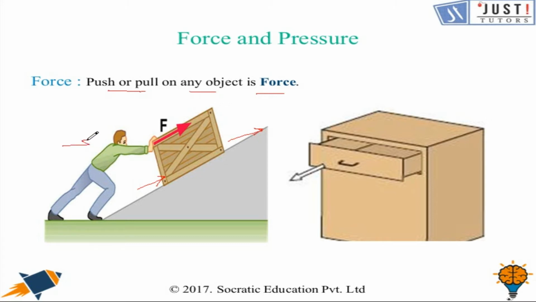In the opposite way, when the direction of force upon an object is away from the object, it is called pull, like this here. For example, opening a drawer, drawing a bucket of water from a well. These are examples of pull.